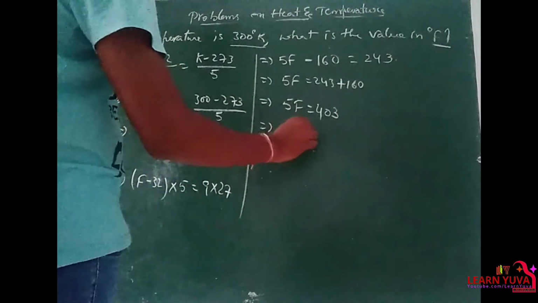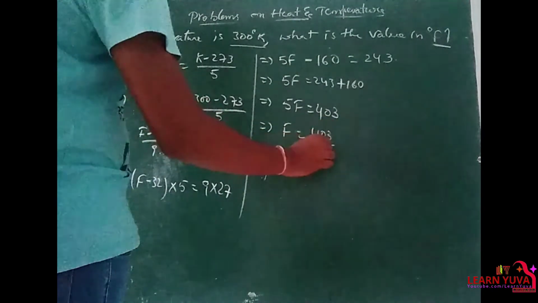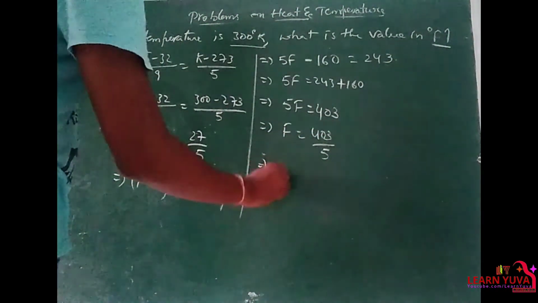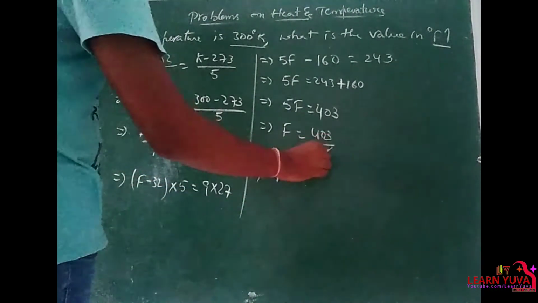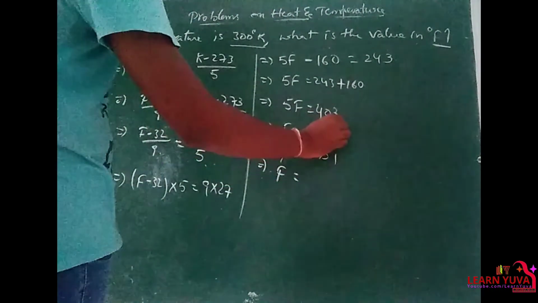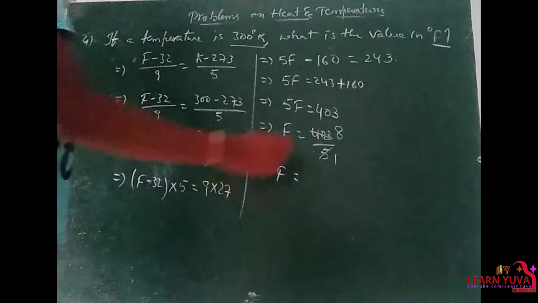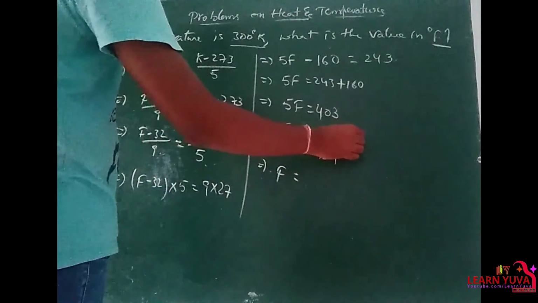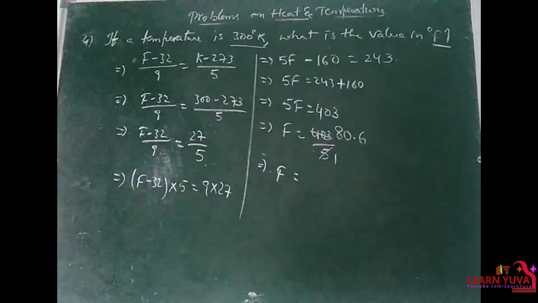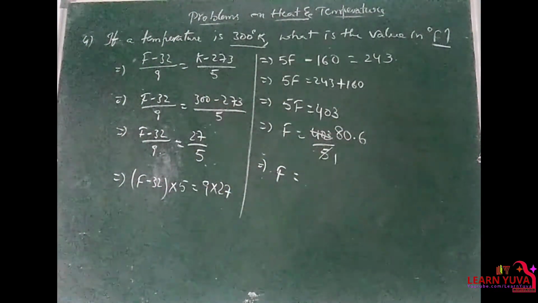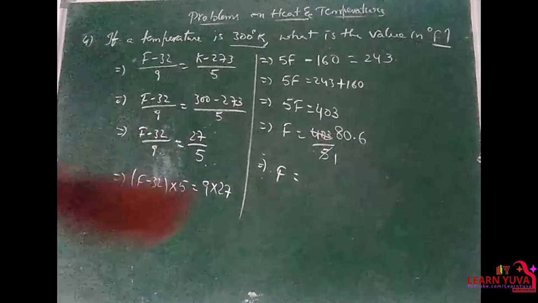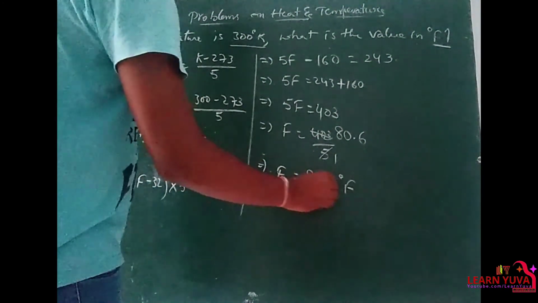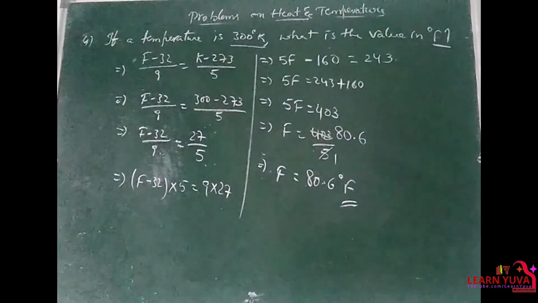That implies F is equal to 403 by 5. By cancellation, that is equal to 80.6 degrees Fahrenheit. Clear?